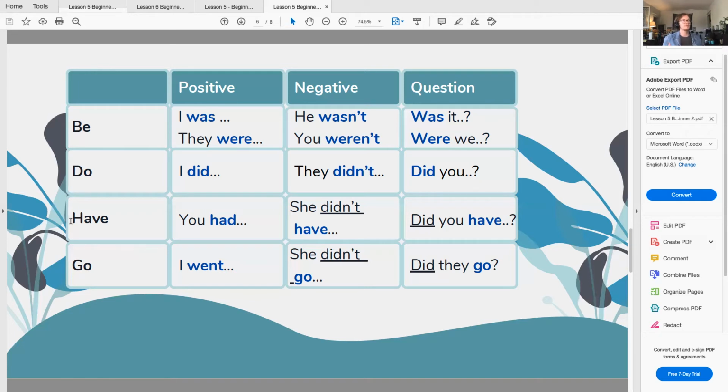So when you're talking with the verb to have, in the positive, you would say had. I had, you had, they had, the dog had. Once you negate it or turn it into a question, it goes right to have. So she didn't have XYZ.